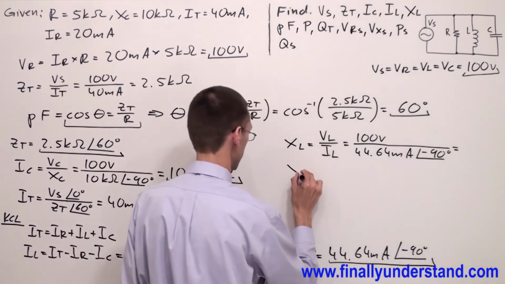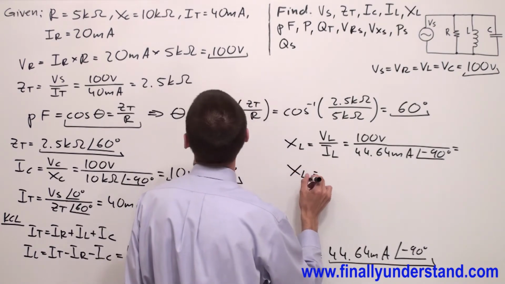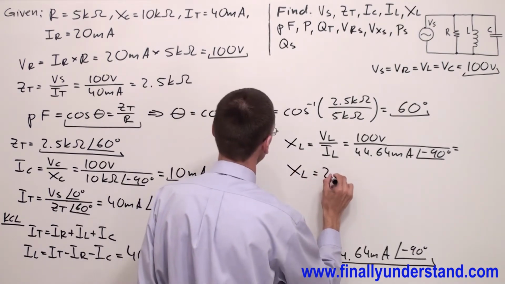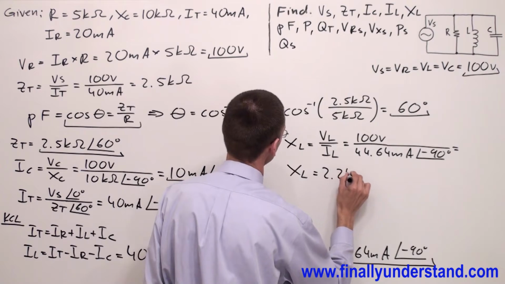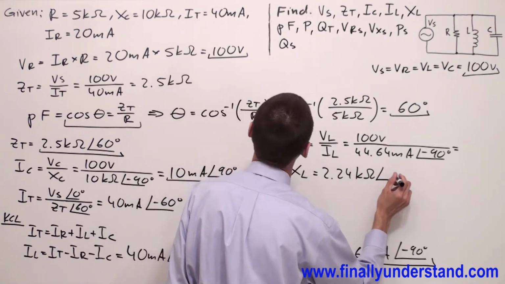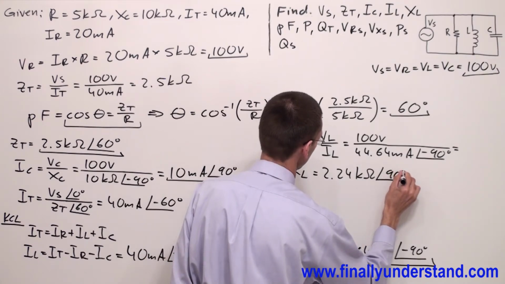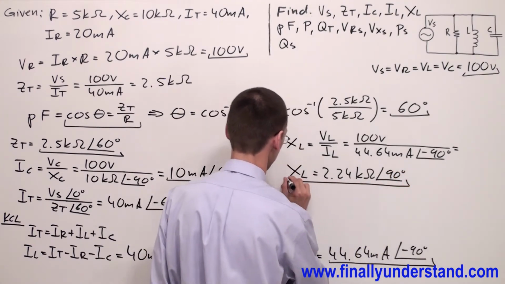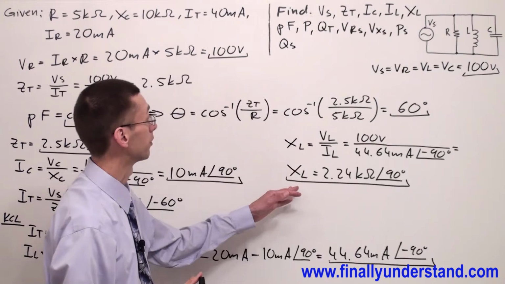This is equal to 2.24 kiloohms, an angle of 90 degrees. Okay, so this is the value of X of L.